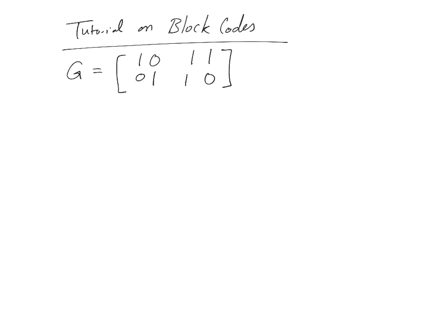Okay. And then you are required to find the following. Number 1 is: is this a systematic linear block code? So that's the first question. Second question says find the parity check matrix.